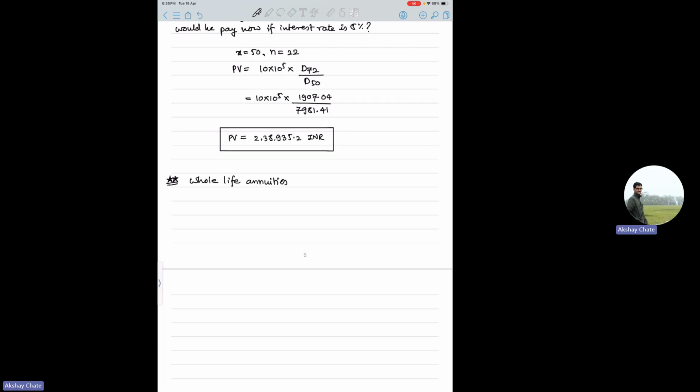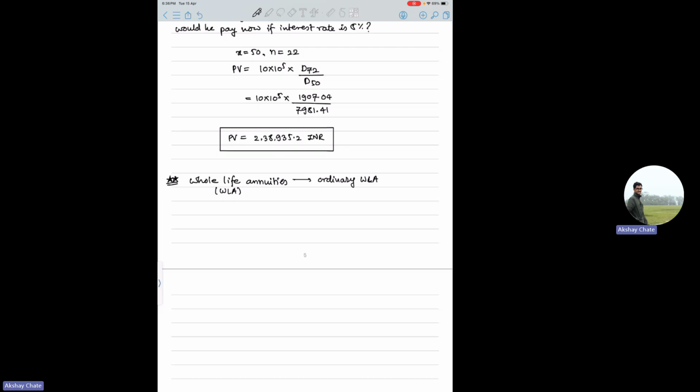Okay, so there are different types also. First is called ordinary. So if you represent this by the acronym WLA, there is something called ordinary whole life annuities, in which you basically give a certain amount of AX for the remainder of the life of the person.